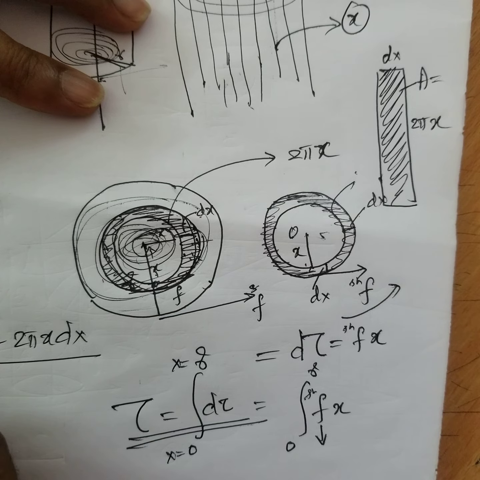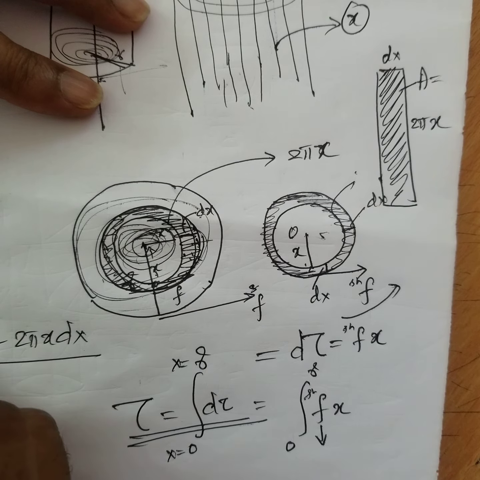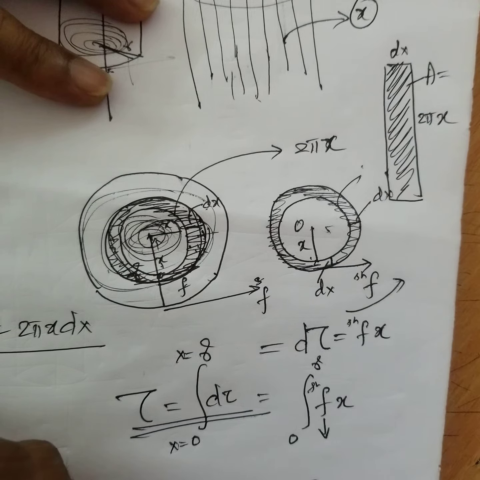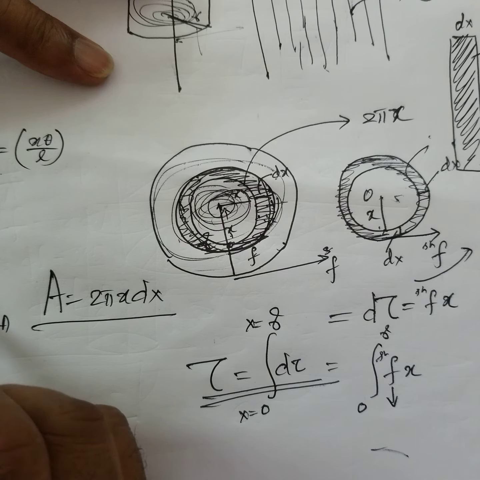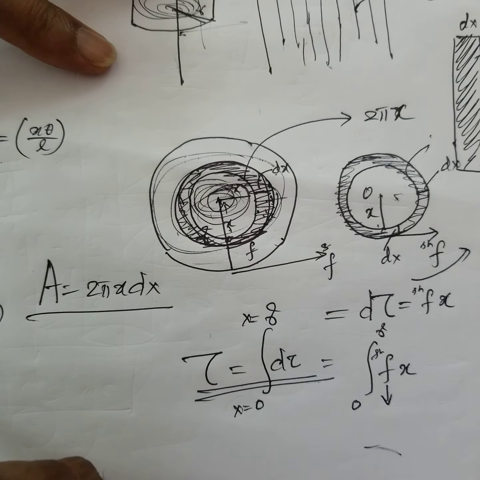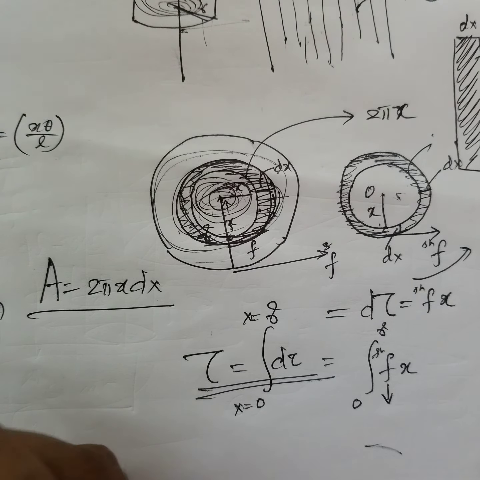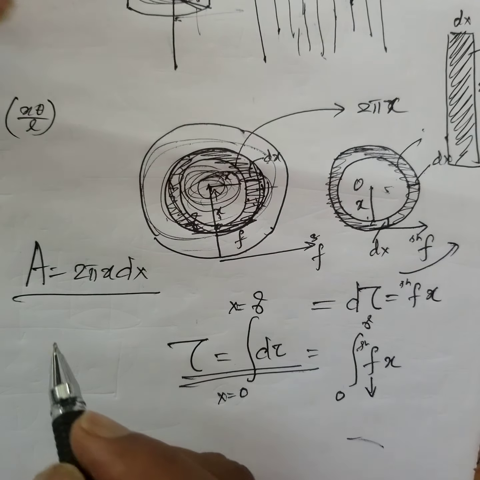Therefore, stress is equal to force per unit area. The force is equal to stress into area. And here is shearing stress. This is also shearing stress. Right? Then again what?